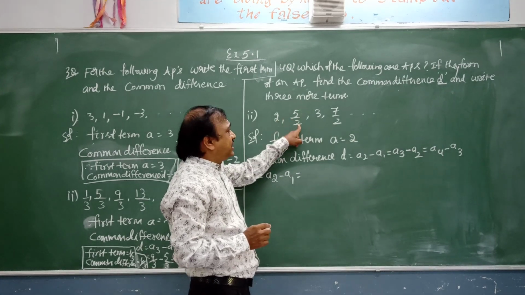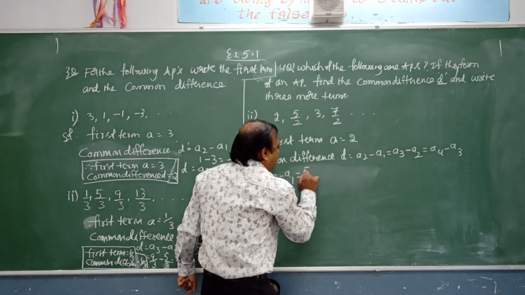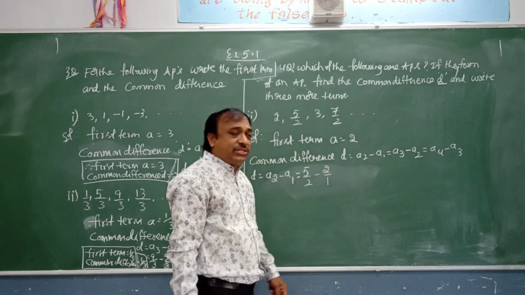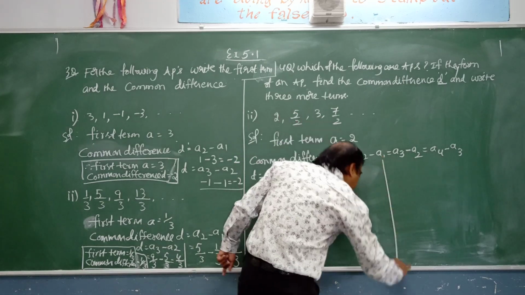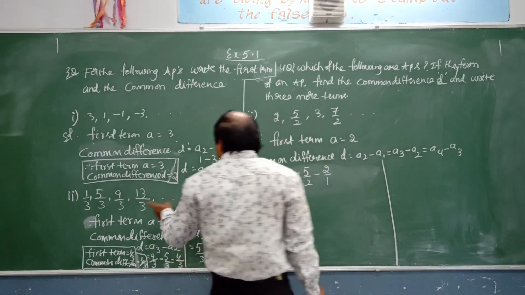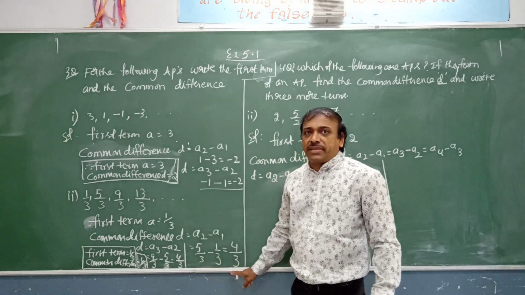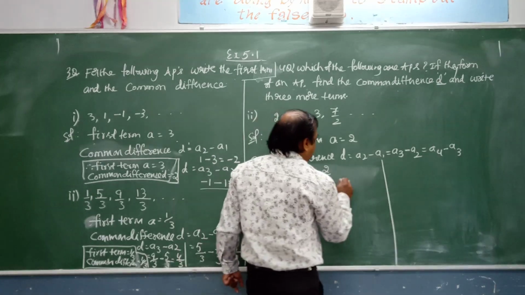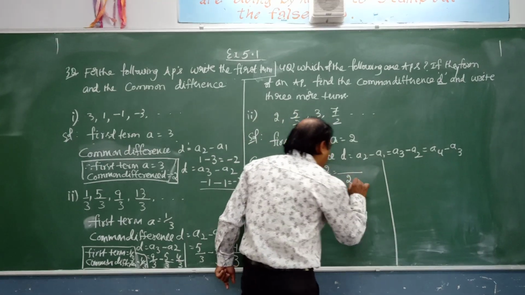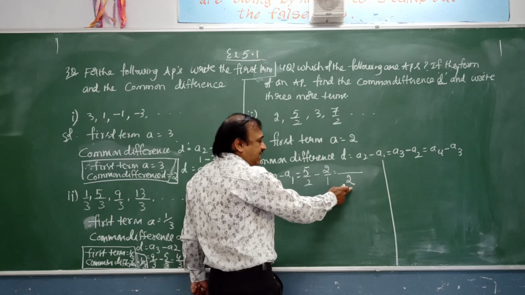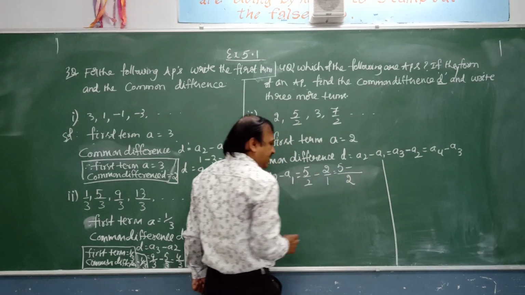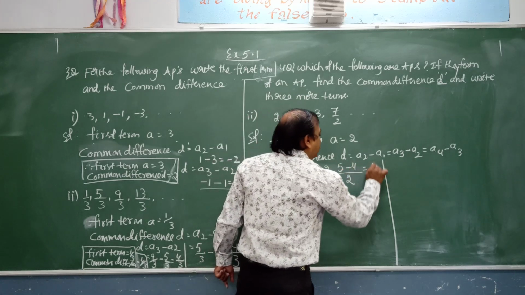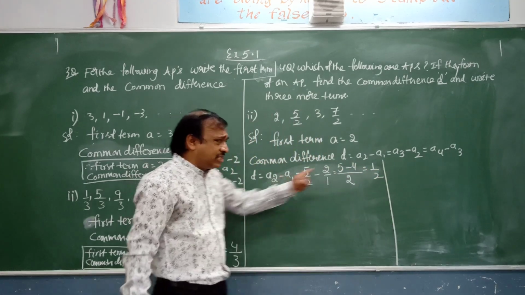Observe it. 5 by 2 minus 2 by 1. How to find the subtraction? Earlier we had like fractions, so we subtracted directly. But here we have unlike fractions. We need to find the LCM. The LCM of these two is 2. 2 ones are 2, and 1 into 5 is 5, 5 minus 4 will give you 1 by 2. So what is the difference you got? 1 by 2.